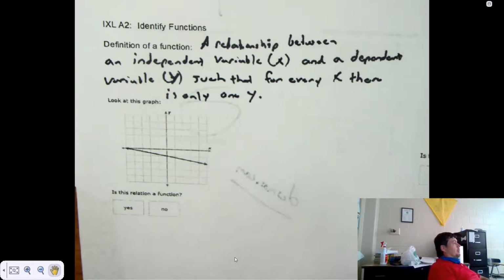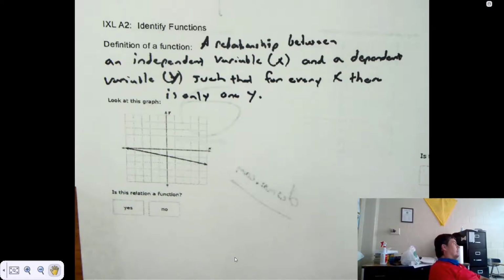Anybody remember the definition you're supposed to remember? X can't cheat. For every x, there's only one y.